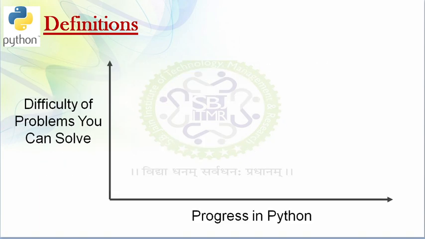So being a programmer, when I see my progress in Python, you can see on x-axis I'm having a progress in Python, and in y-axis I can see the difficulty of problems that you can solve being a programmer. So when I say about the basic data type, you can see the difficulty level is growing a bit.